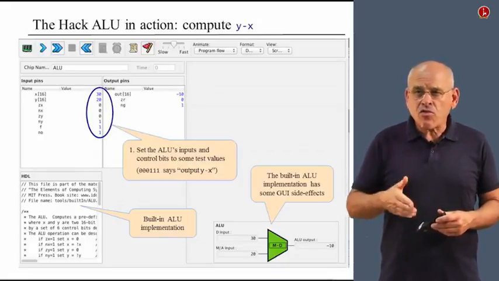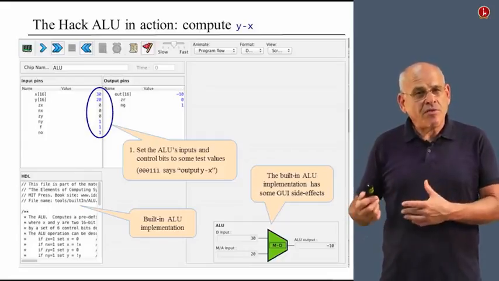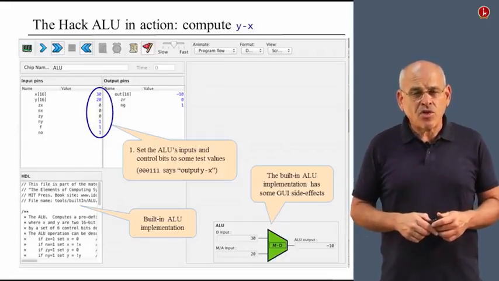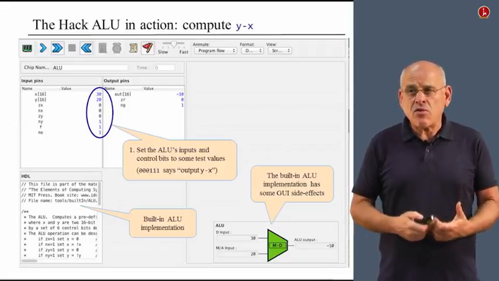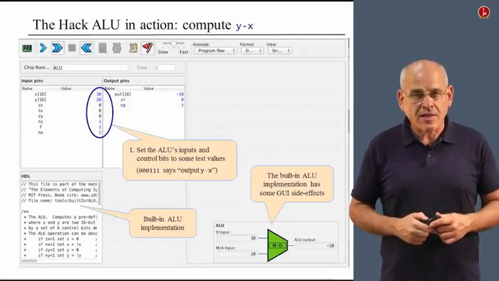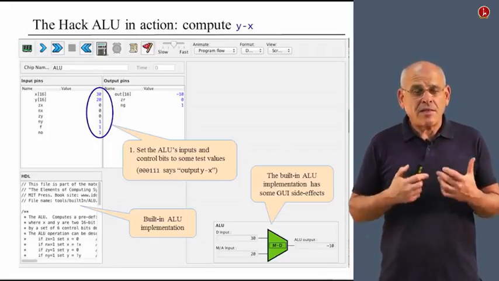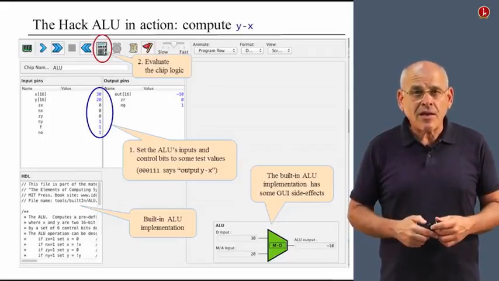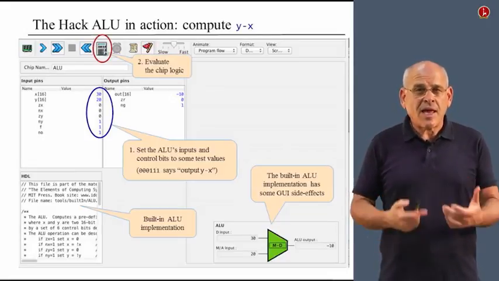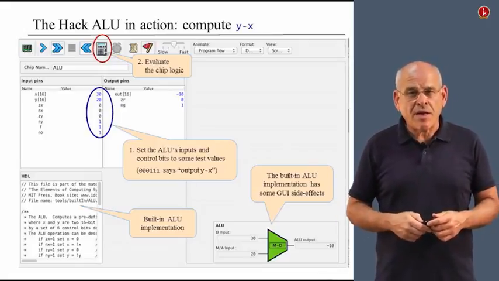And we also set the control bits to 0, 0, 0, 1, 1, 1, which, if you look at the table that I showed you before, means it's a directive that tells the ALU to compute y minus x. So the next thing we do is tell the simulator to actually do something, by clicking this calculator icon, which tells the ALU to evaluate the chip logic on the given inputs.